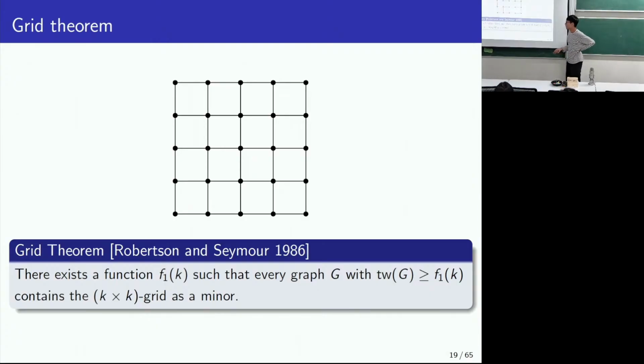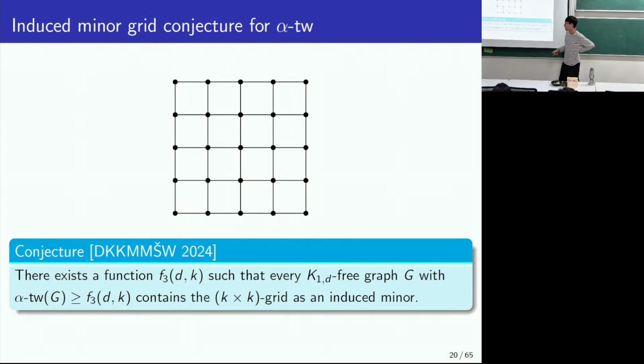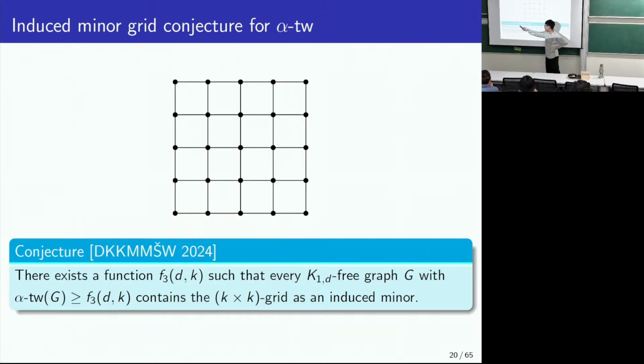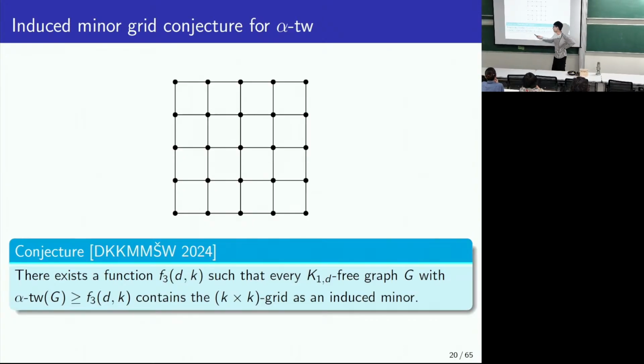Okay, so for the power of treewidth, the grid theorem lies at the center, and here is the conjecture, a grid theorem for tree independence number. It was conjectured in a paper by Dallard, Krnc, Kwon, Milanič, Munaro, Štorgel, and Wiederrecht.